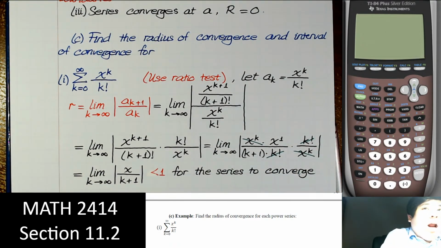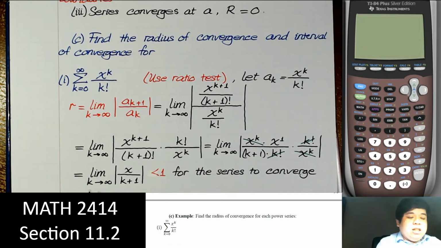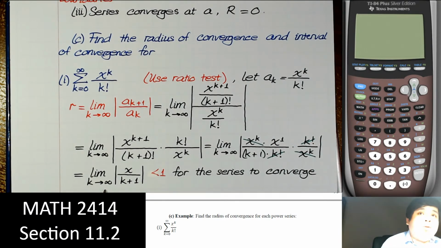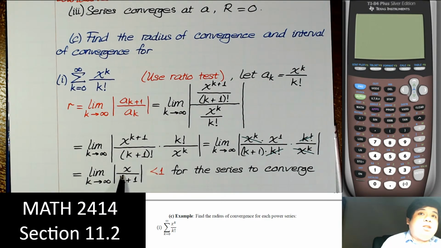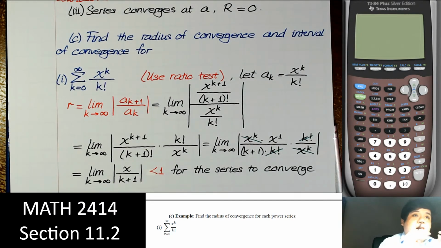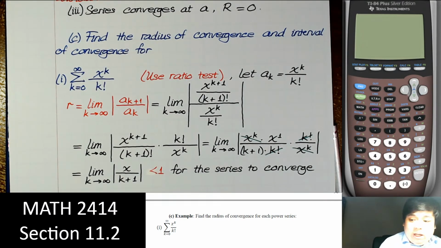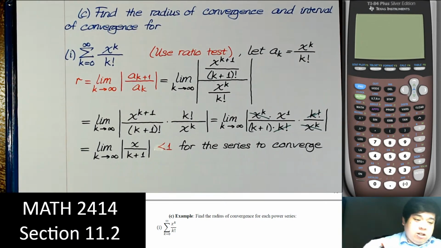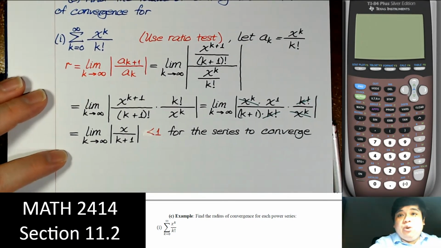Right, so what happened? Now notice since k goes to infinity, as long as x is finite, a finite number divided by infinity will be equal to 0 and therefore less than 1. So I will write a little note here.